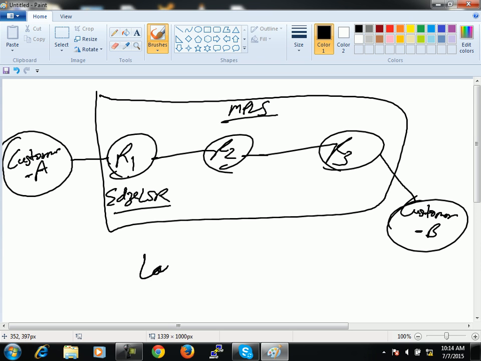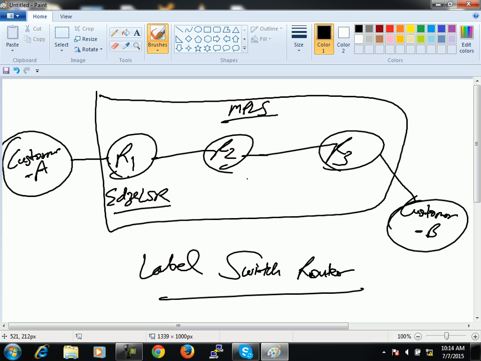LSR is what? Label switch router, and it will be a router which has all its interfaces in MPLS domain only. That will be known as LSR. Then R3 will be known as edge LSR because R3 is connected with the non-MPLS domain as well as MPLS domain.